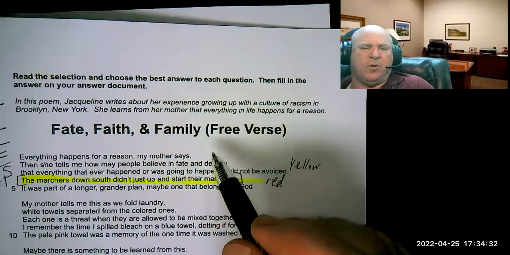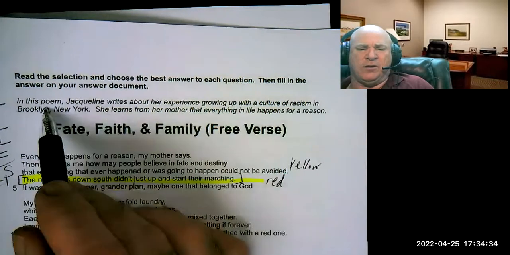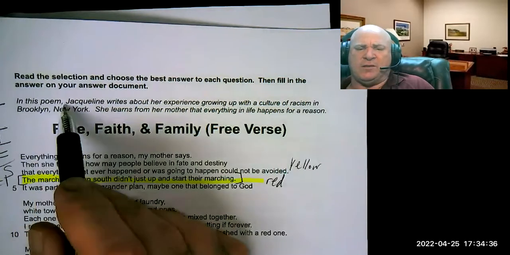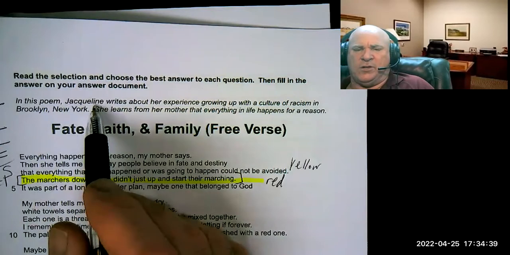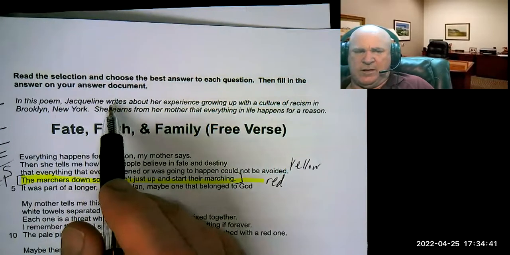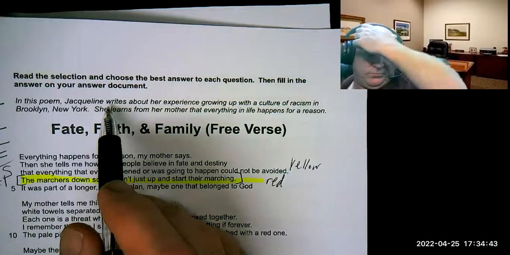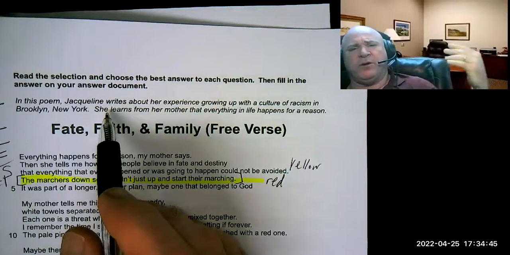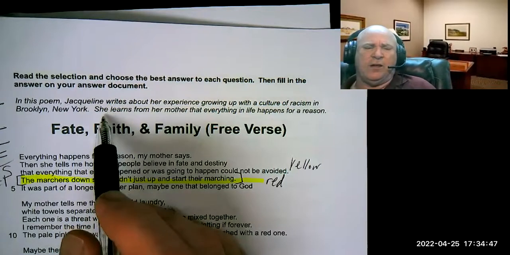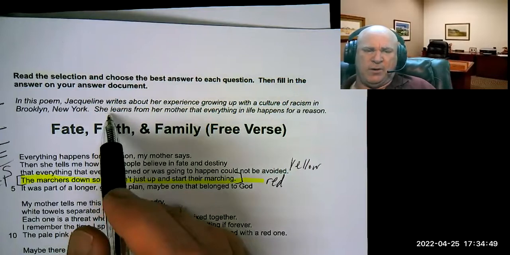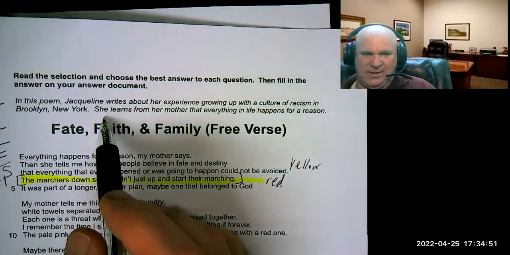In this poem, Jacqueline writes about her experience growing up with a culture of racism. Very important topic, central idea. So this poem is written from the point of view or perspective of a girl who has experienced racism in her life in the city of Brooklyn and the state of New York.